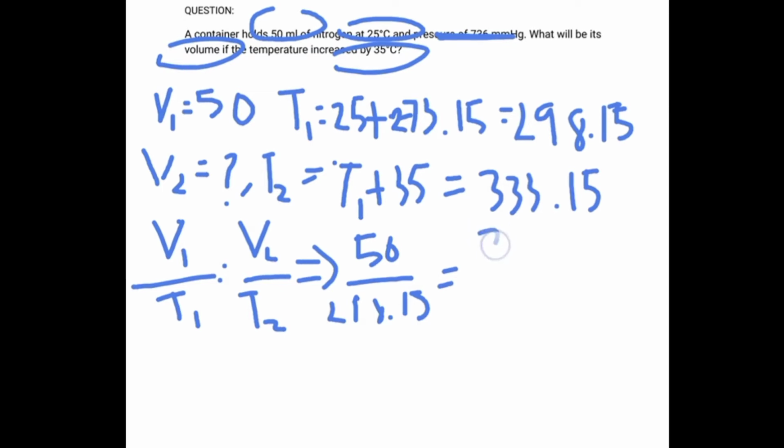V2 is unknown, so we use V2, and T2 is 333.15.